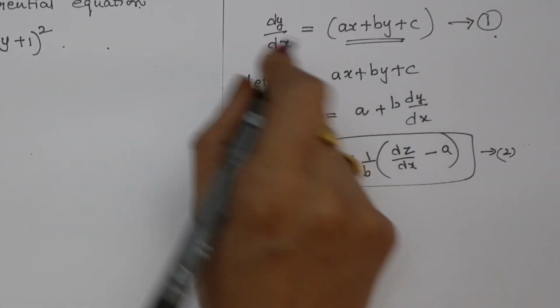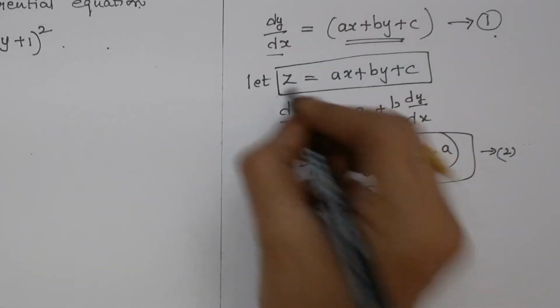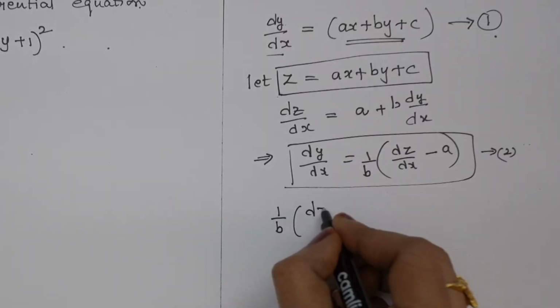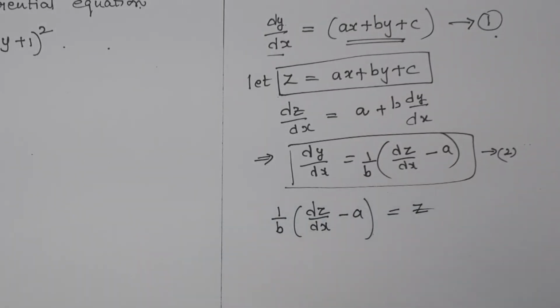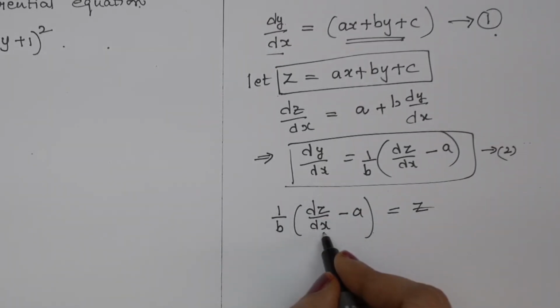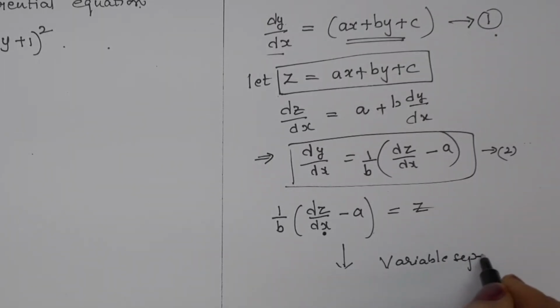Substituting equation 2 in equation 1, we get 1 by b dz by dx minus a equal to z. Now I convert the entire equation into z and x terms and again use the variable separable method to solve.